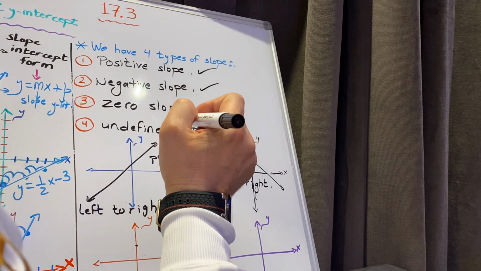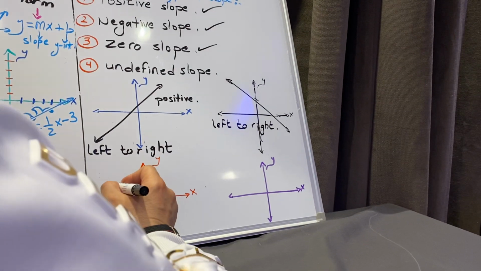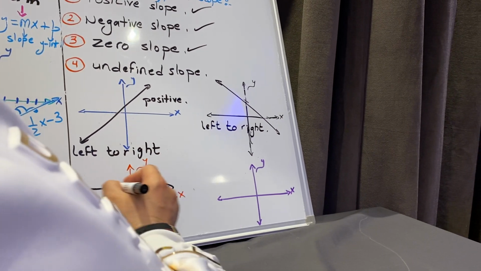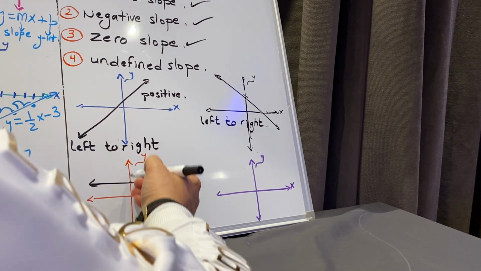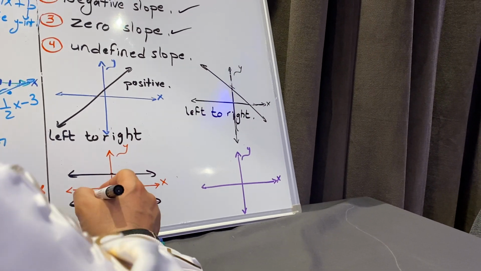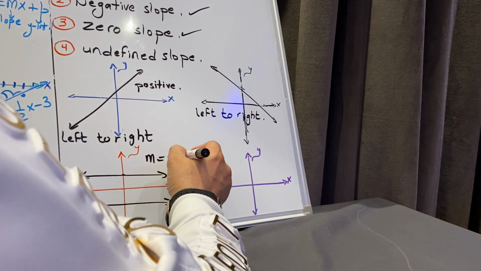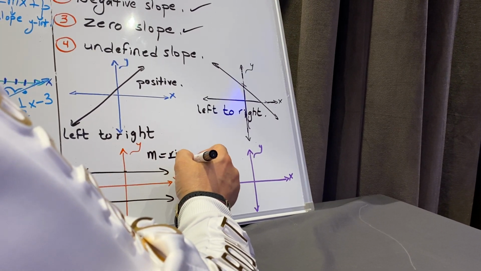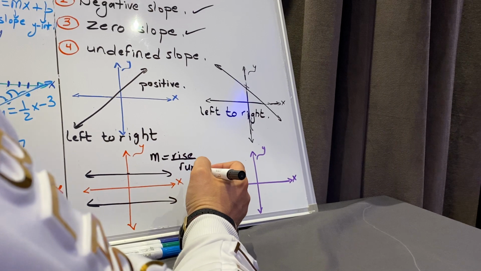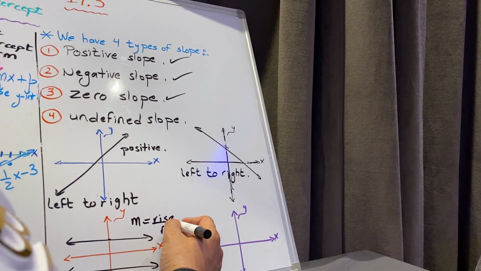So we start with the third kind, which is the zero slope. The zero slope could be in the positive part or the negative part, no problem. You know that the slope, guys, is represented by rise over run, right or not? So here, in this way, we have the run, but we don't have the rise.